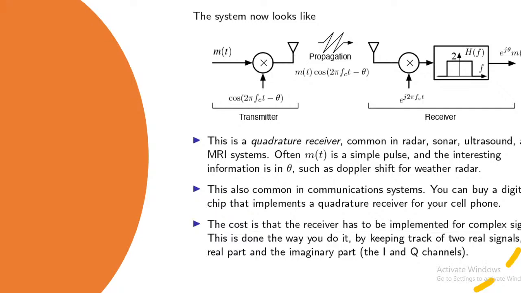You can buy a digital chip which implements the quadrature receiver in your cell phone. The cost is that the receiver has to be implemented for complex signals. This is done by keeping track of two real signals, the real and imaginary parts, that is the in-phase and quadrature channels, the I and Q channels.